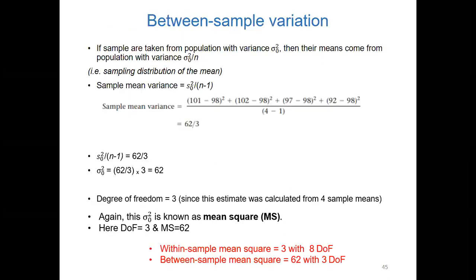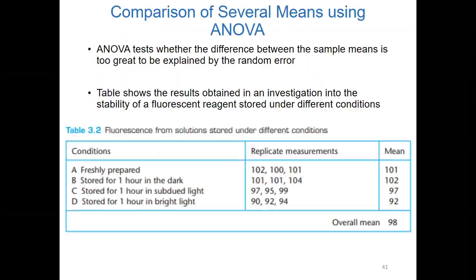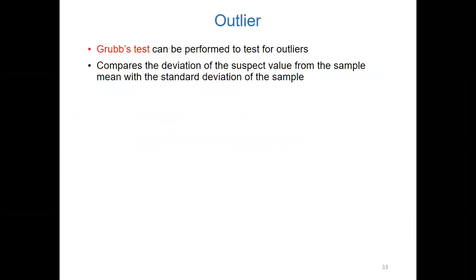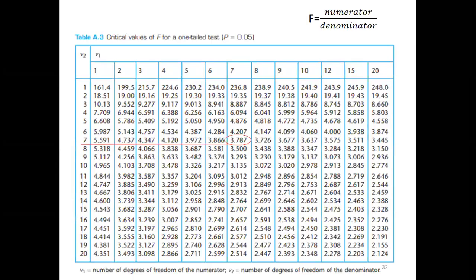I'll go back to the F-test table just to show you here. Numerator degrees of freedom is 3, and denominator degrees of freedom is 8.